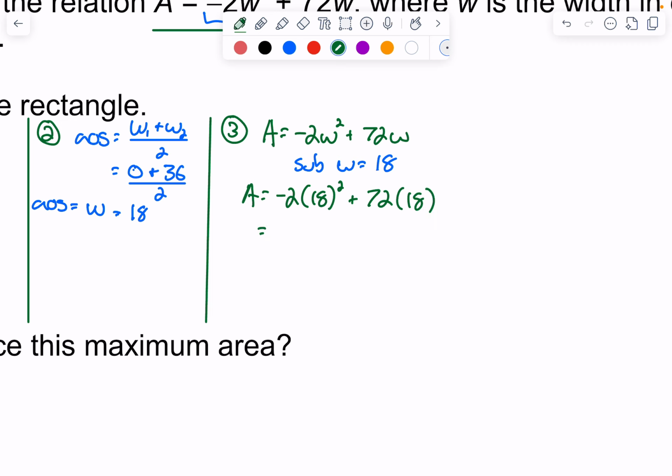I'll use my calculator actually because I don't know 18 squared in my head. 18 squared times negative 2. You get minus 648 plus 72 times 18, 1296. And finally, minus 648, 648.